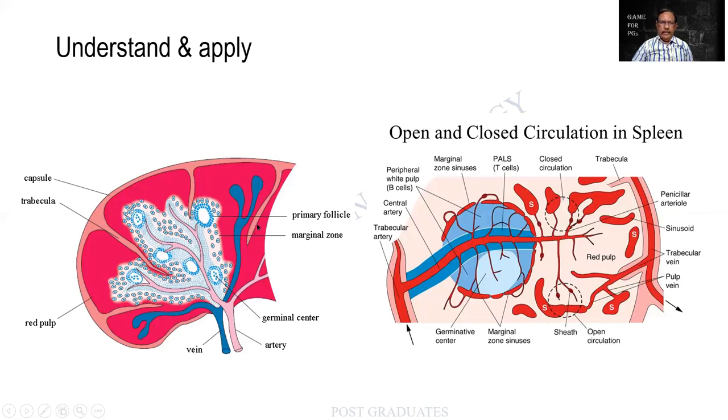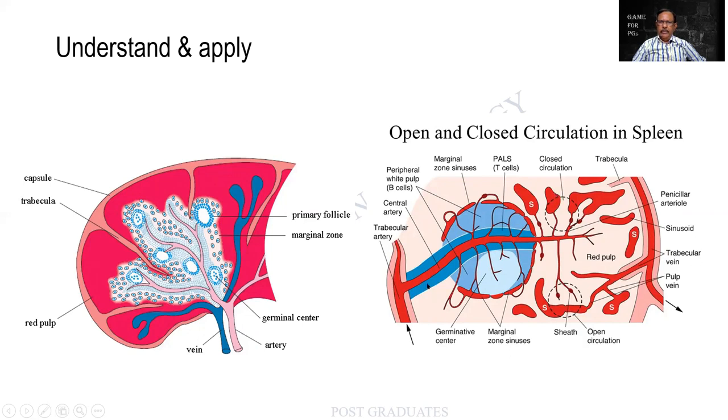These are incomplete, and you will also see some areas which are somewhat reddish in color called the red pulp, made mainly of a network of sinusoids, and there will be relatively pale areas which are called the white pulp, where the lymphoid follicles are seen. So these are the fundamentals which we should remember: capsule, trabeculae, red pulp, white pulp, hilum obviously.